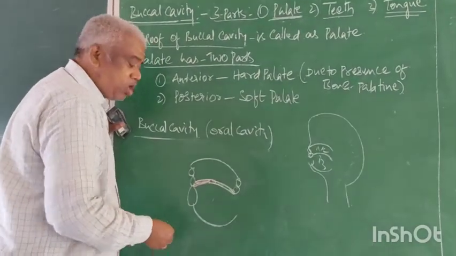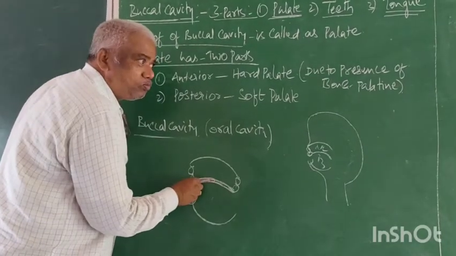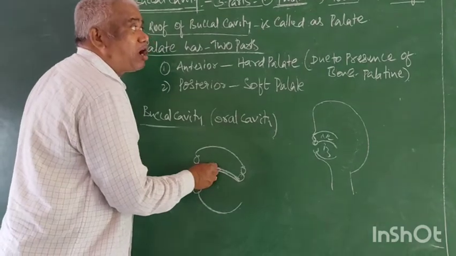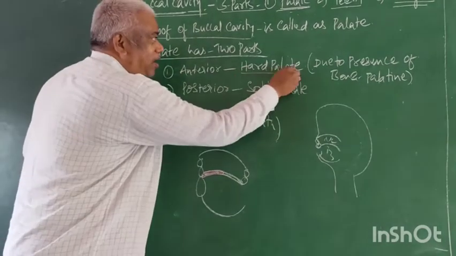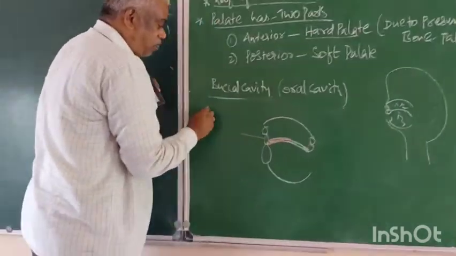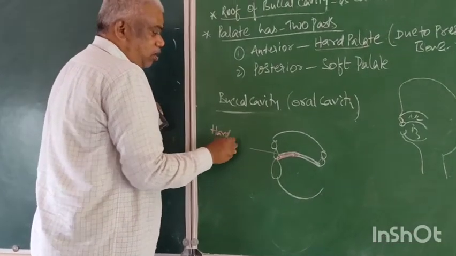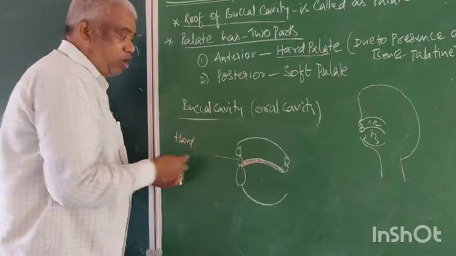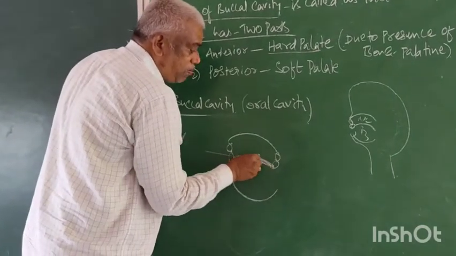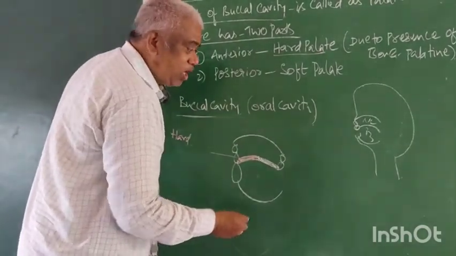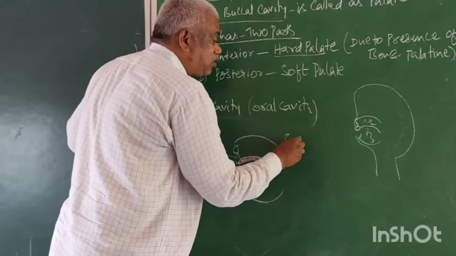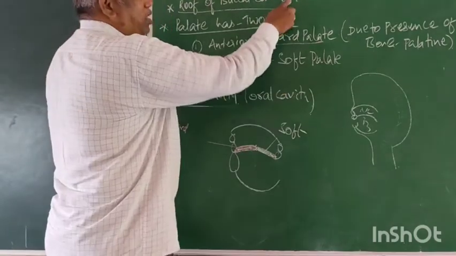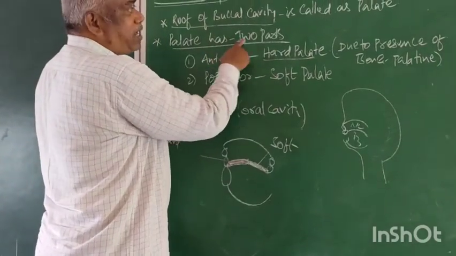Anterior, which contains bone. Hence, it is the hard palate. The posterior palate is made only of muscle, which does not contain bone. Hence, it is the soft palate. That means the palate has two parts.